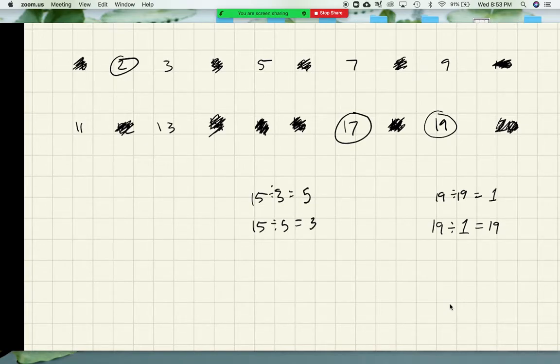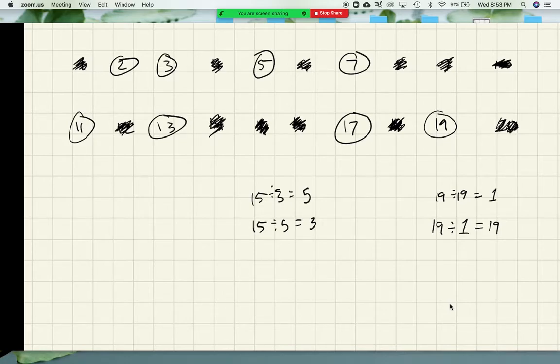So there's more than that. 13 is a prime number. 11 is a prime number. 9 is not a prime number because 9 divided by 3 is 3, so that doesn't work out. 7 is a prime number, 5 is a prime number, and 3 is a prime number. You could keep going on and slowly figuring out stuff. That's just the idea of prime numbers.